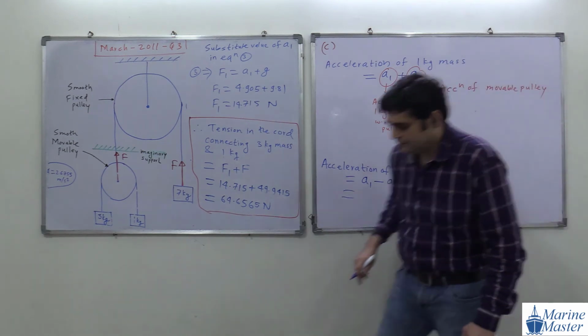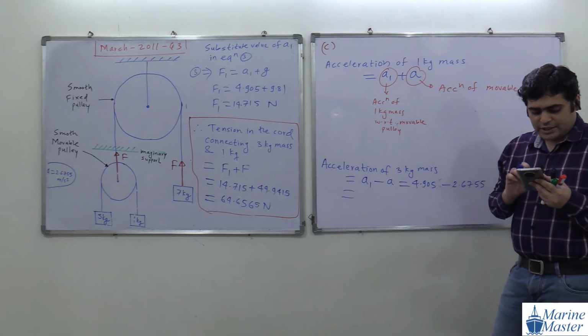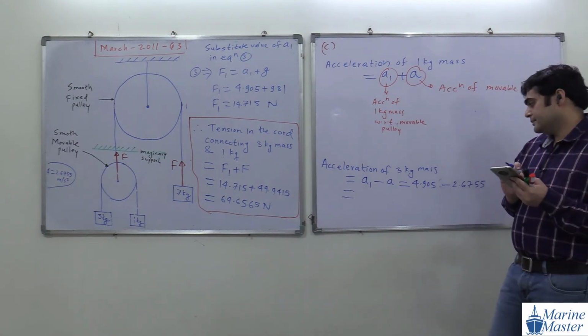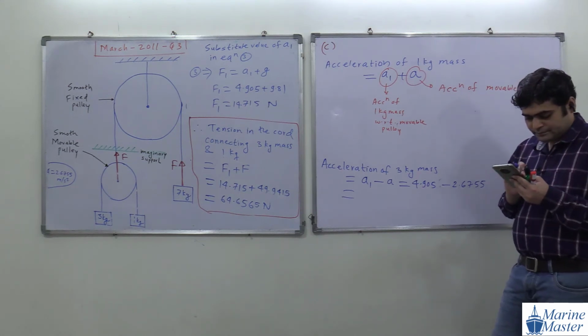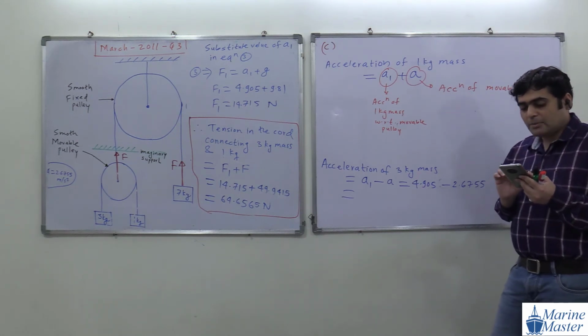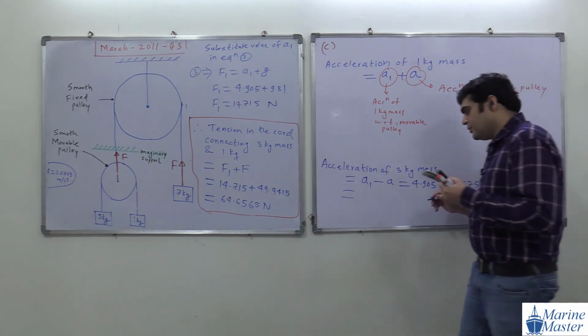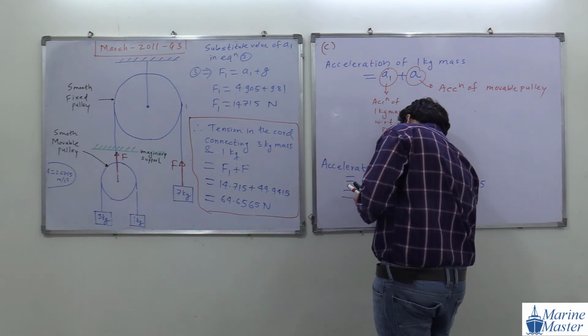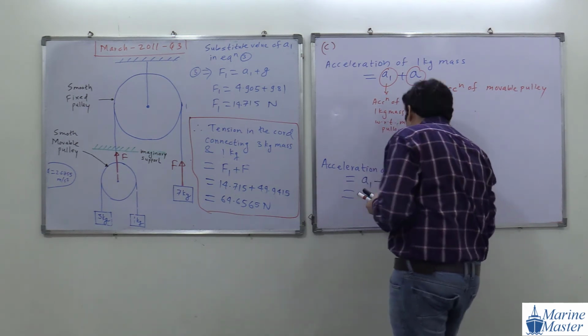Okay everyone, please try to see the scenario. Very important discussion guys. How much, guys? 2.2295 meter per second square acceleration.